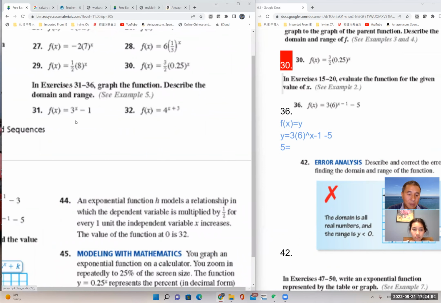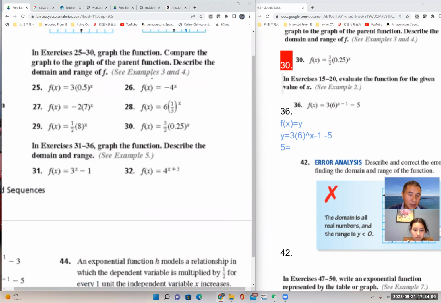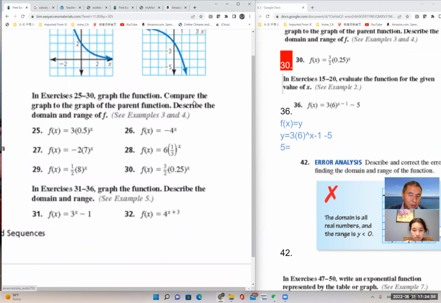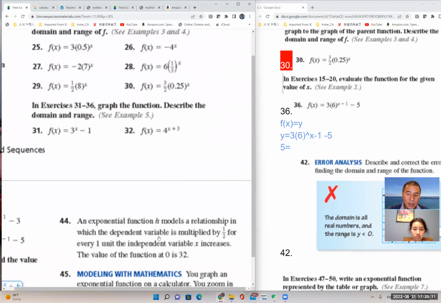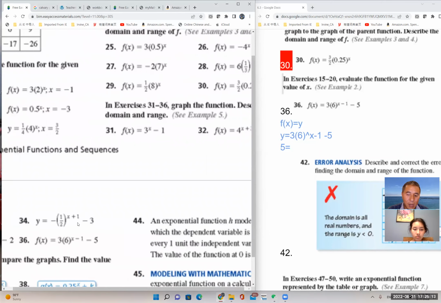Same as problem 30. Let me see. Compare. Oh, we did 30 just now. It's the same thing: graph, then describe the domain and range, right? Anyway, it does not mean evaluate.